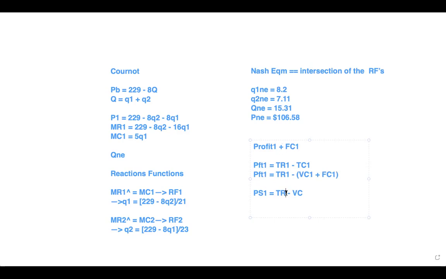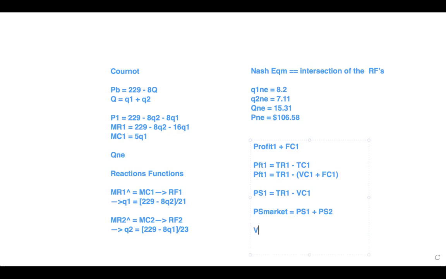And the only thing that needs to be said is that if you're talking about PS for the market, it's the sum of the producer surpluses for the individual firms.